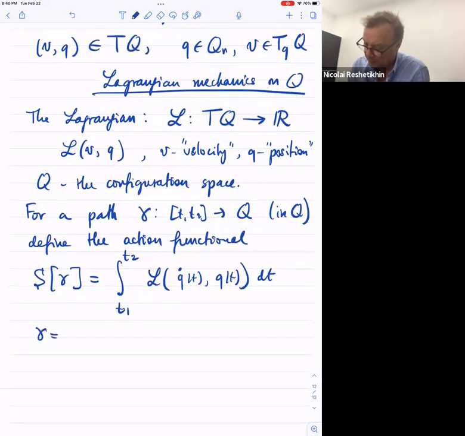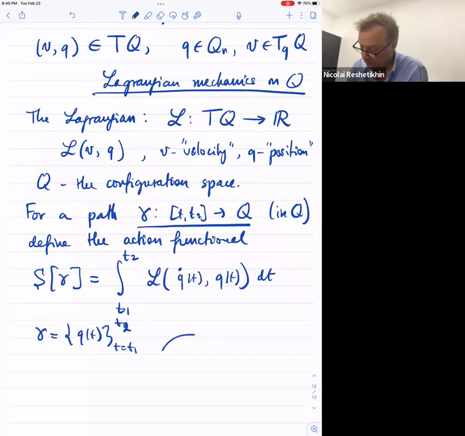Here this path gamma we just write as q of t, t between t1 and t2. So this is a path. And q dot of t is an element of the tangent space at the point q of t.